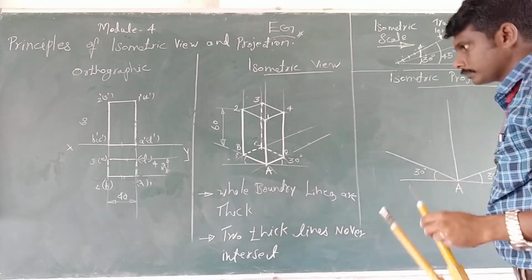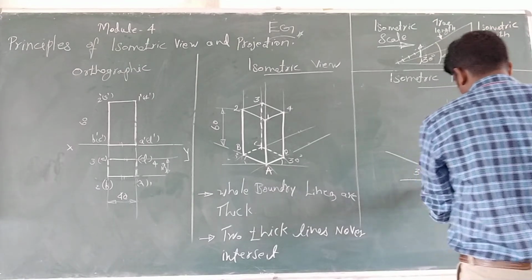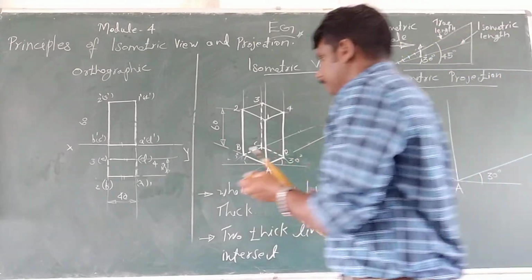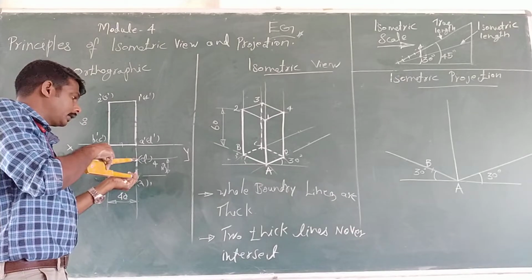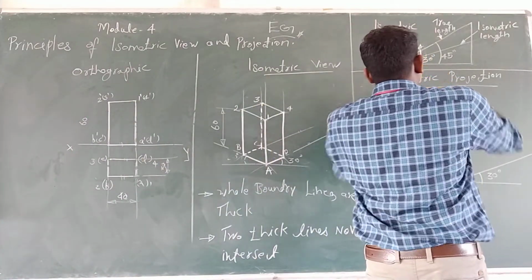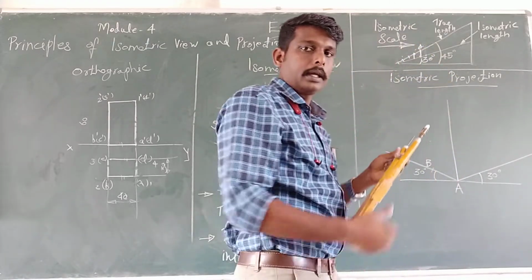Then draw A to B and mark the distance. Take the distance A to B the same way. Mark the distance 3, then draw a vertical line from 3.